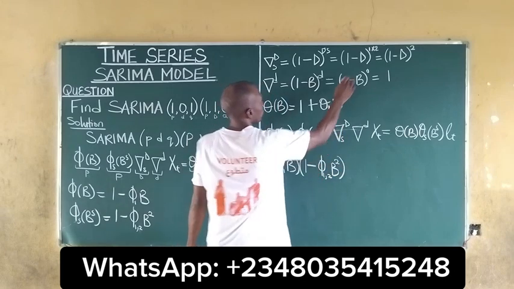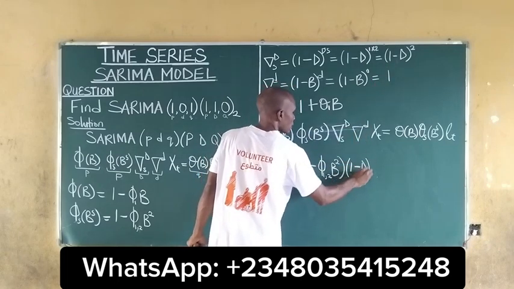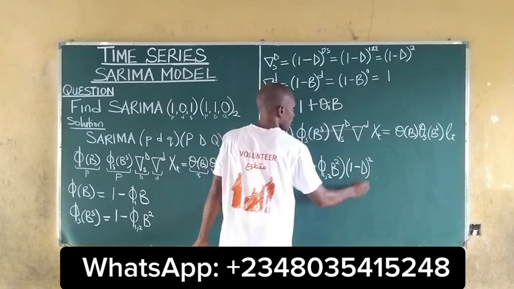From what we got here, we got 1 minus B squared. Here we got 1.